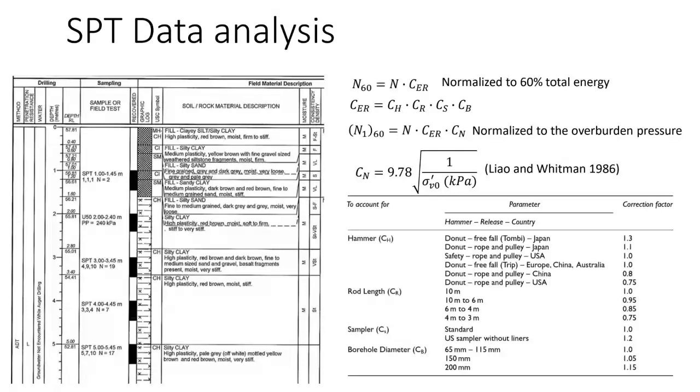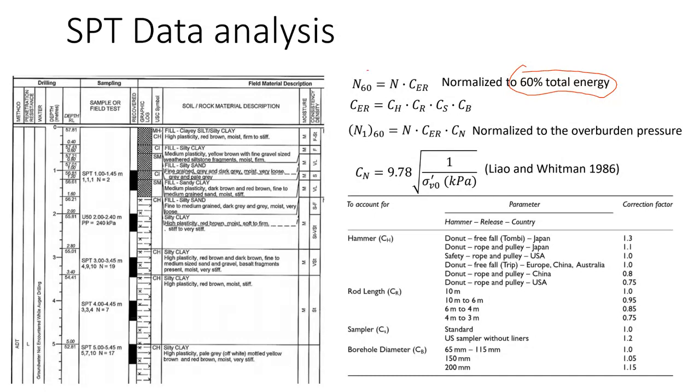So that's why most of the time we normalize this test, these SPT numbers, to 60% of total energy. It's the average number. Maybe for some machines it's a little bit less, for some a little bit higher, but this is just an empirical number that we accept. So we will correlate to 60% of energy.